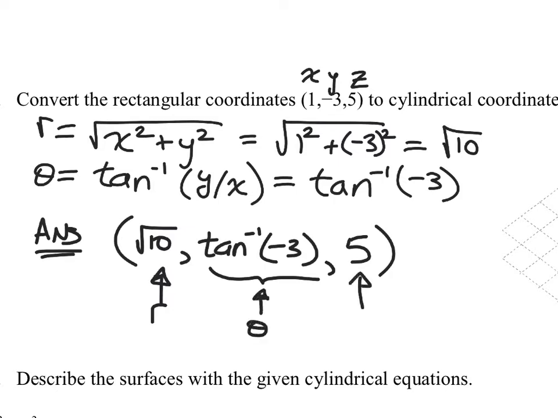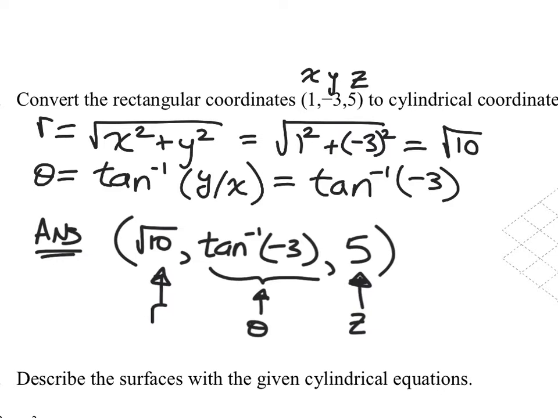And this is my z. This is a pretty flexible way of writing your answer because inverse tangent could be expressed in radian form or degree form, depending on what mode your calculator's in. Right? So you can't be wrong. If you didn't put units there, you can't be wrong because inverse tangent could be in either form. If you put degrees, you're right. If you put radians, you're right. All right? So that's good news.